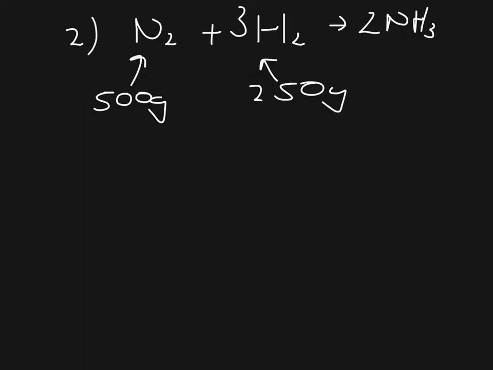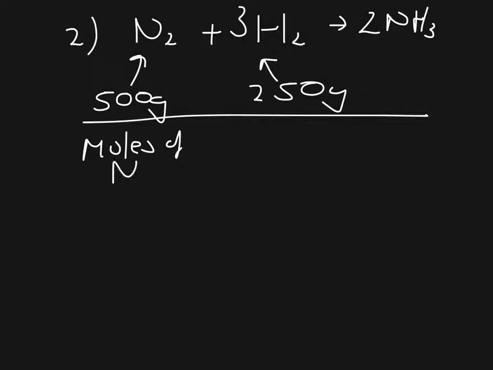So let's look at a slightly more difficult example now, and we have got our old favourite, the Haber process. So again, the first thing I'm going to work out is the moles of N2 and H2. So moles of N2 is going to equal 500 divided by the molar mass of nitrogen, which is 28.